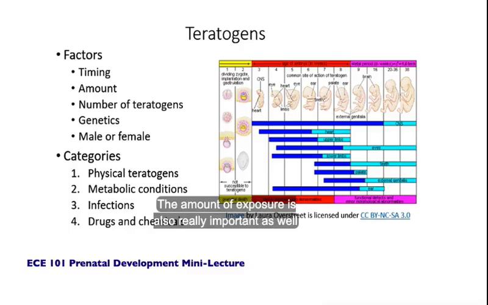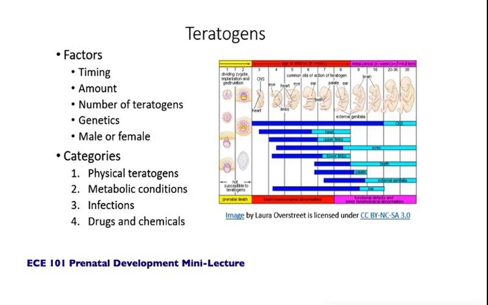The amount of exposure is also really important, as well as the number of teratogens. A fetus might be resilient to one, but if you have two or three going on, they may not have the same resiliency. Genetics, as we mentioned with the predisposition to pesticides, for instance, plays a role.